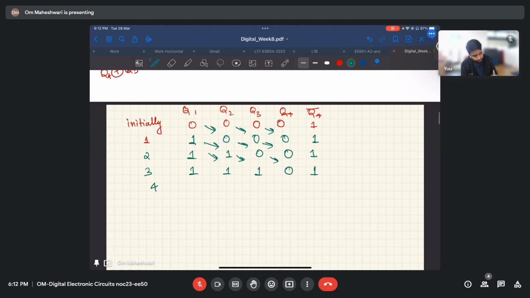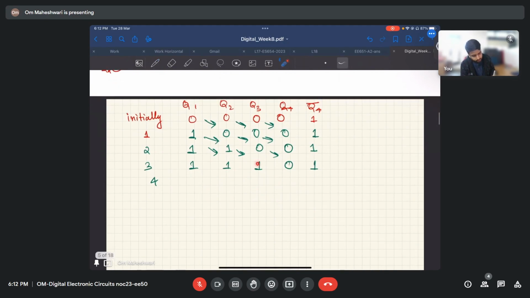In the fourth cycle, Q3 is 1 and Q4 bar is 1, and their XOR is 0 now. We have 0 and then 1, 1, 1.